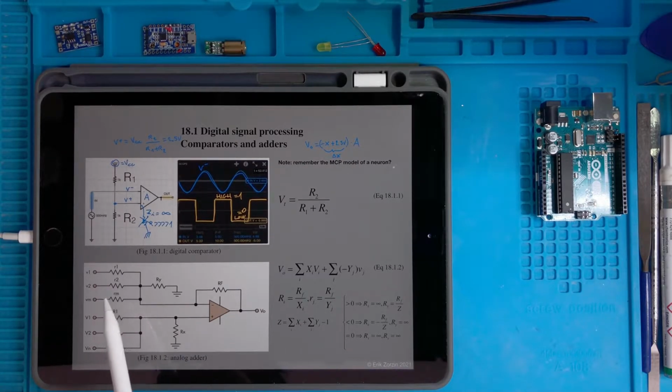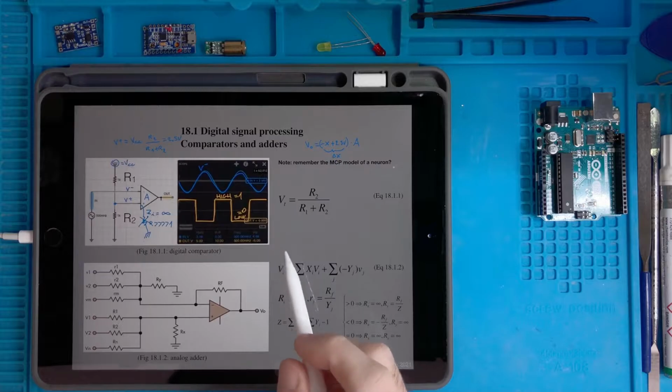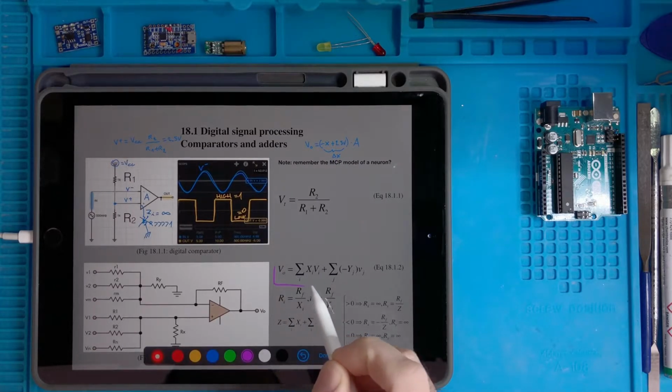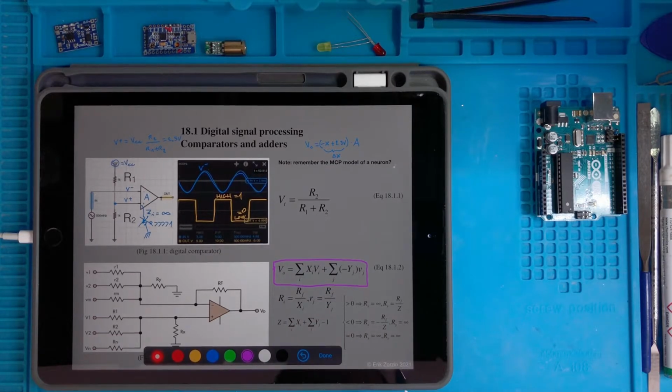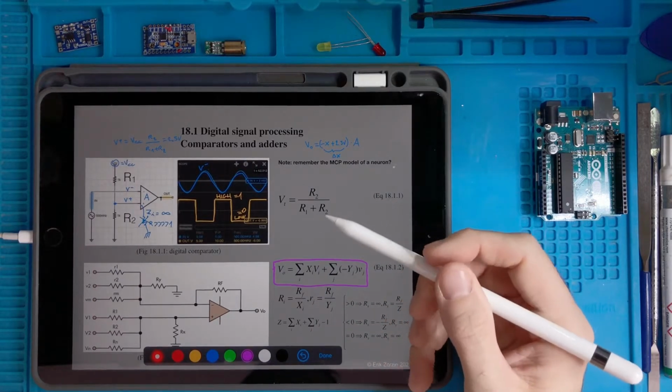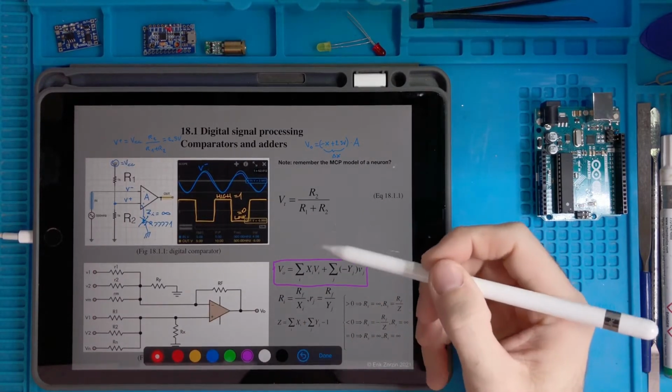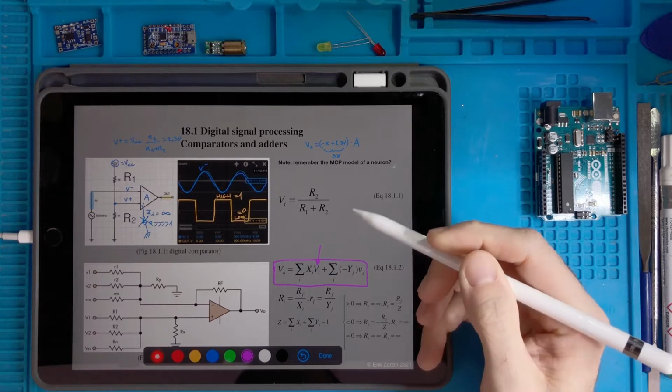We don't study all this, but the result is described by this equation here, which tells you that the output is the summation of the input signals multiplied by some weights.